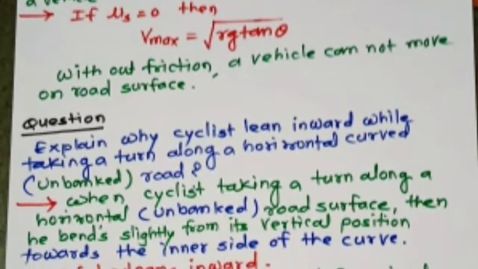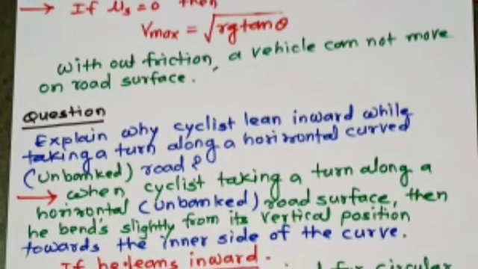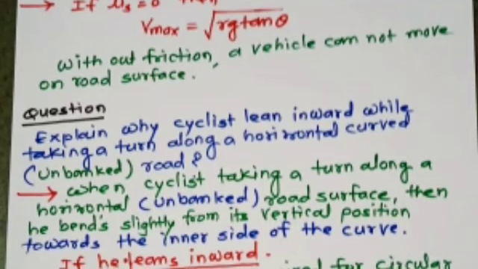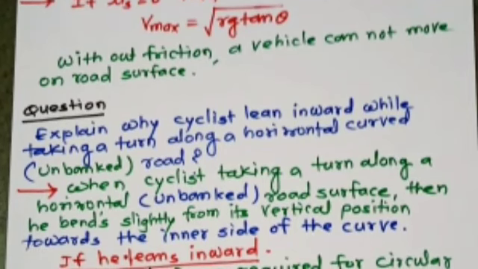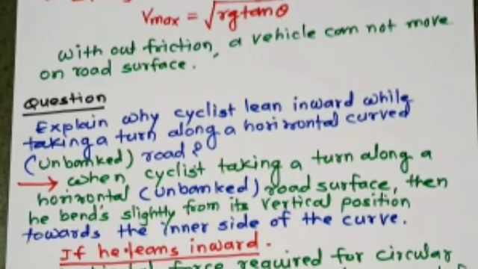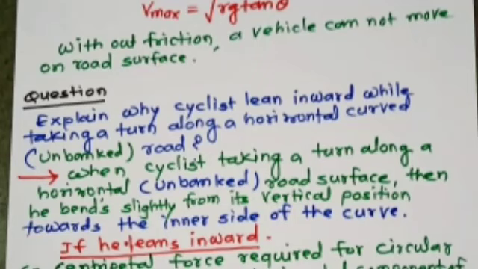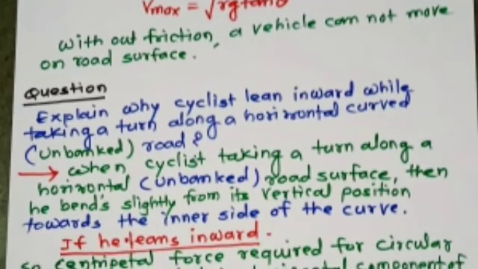Answer will be, when a cyclist is taking a turn along a horizontal, means unbanked, road surface, then he bends slightly from its vertical position towards the inner side of the curve.